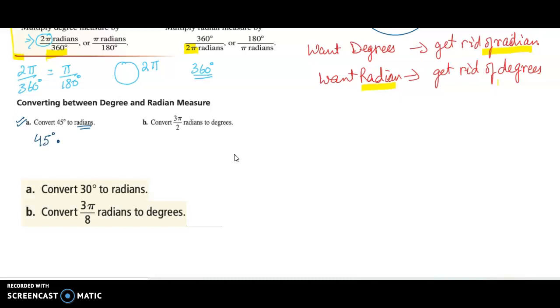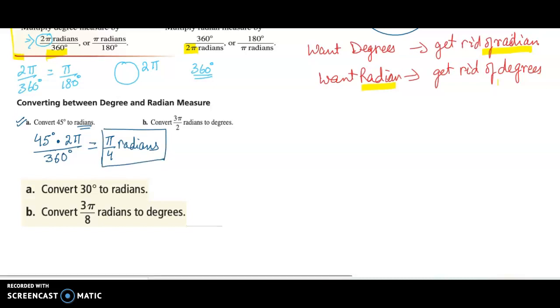So I will introduce radian. Radian is 2 pi. And I will get rid of degrees by dividing by 360 degrees. Simplify it further and you will get pi over 4 radians.